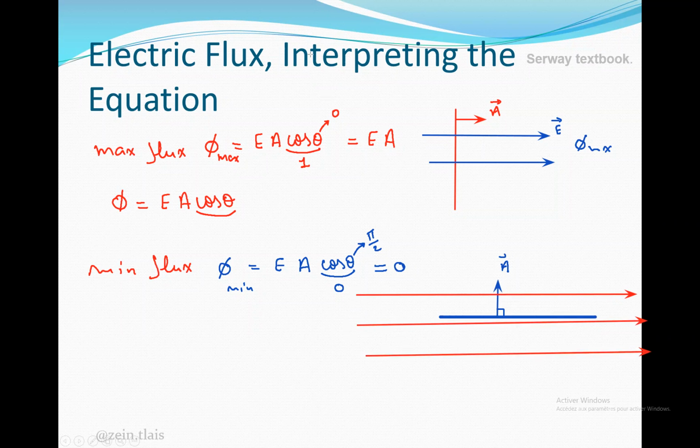So in this case, the angle between E and A is equal to 90. In this case, we have the minimum value of flux.